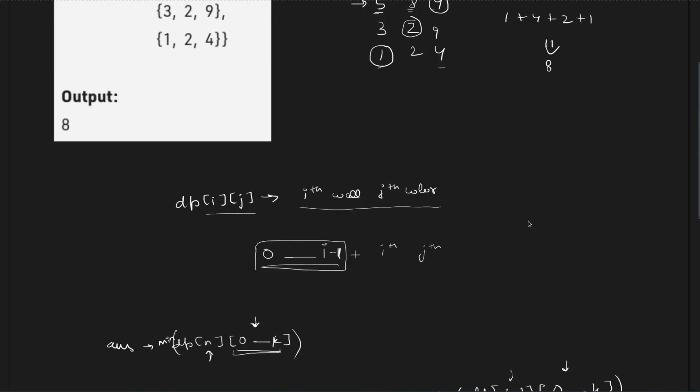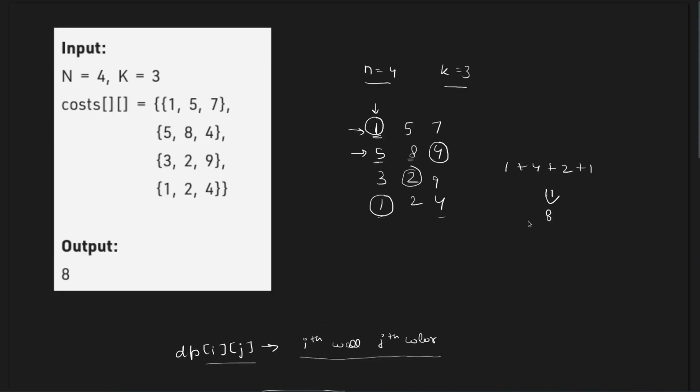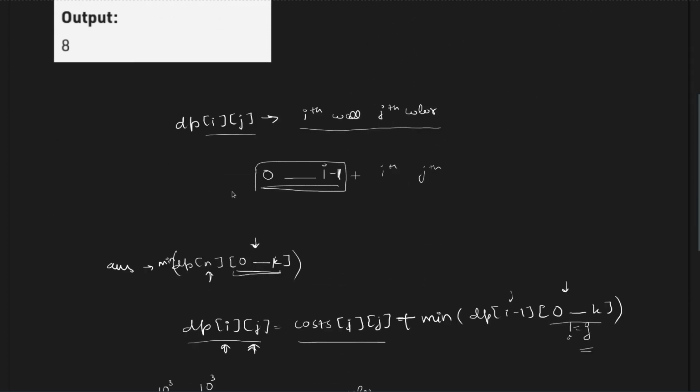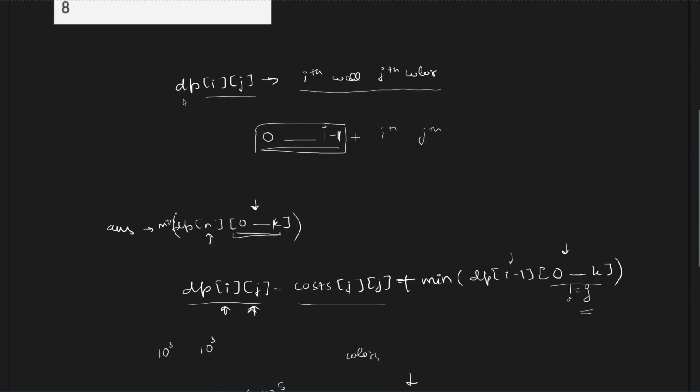So let me just quickly reiterate what I just said. We have been given n walls and k colors, and we just have to find the minimum cost of coloring all the walls such that no two adjacent walls have the same color. Now I'll form my DP states such as DP of i j, where i will be the ith wall and j will be the jth color. So at DP of i j, I'll store the cost of coloring the ith wall with the jth color.